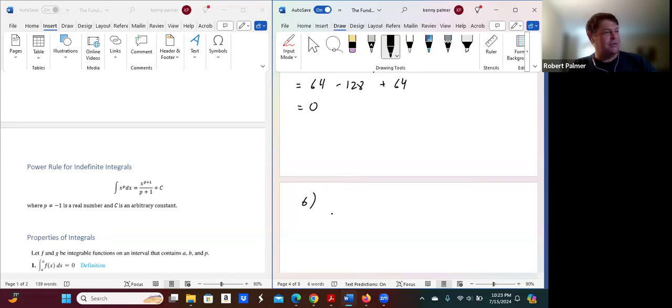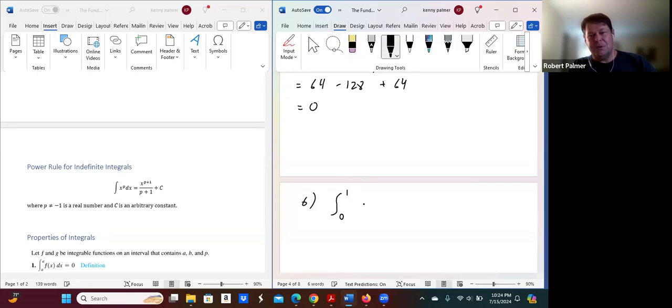Let's say we have this from 0 to pi of... and I'll just make it 0 to 1.